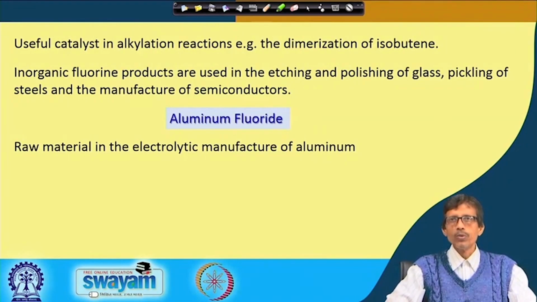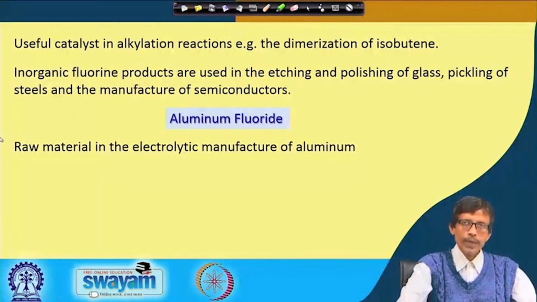That means now you see that AlF3 is nothing but your typical material for aluminum production. If we are able to convert alumina from the bauxite to aluminum trifluoride, that means you require to supply the fluorine, and that we can get from your fluorspar itself.